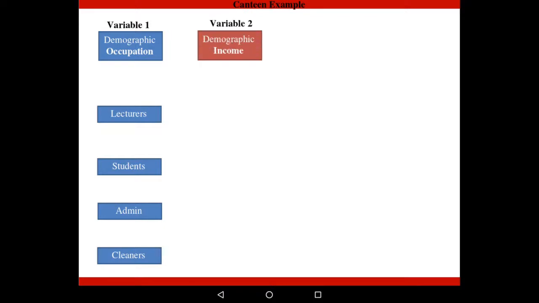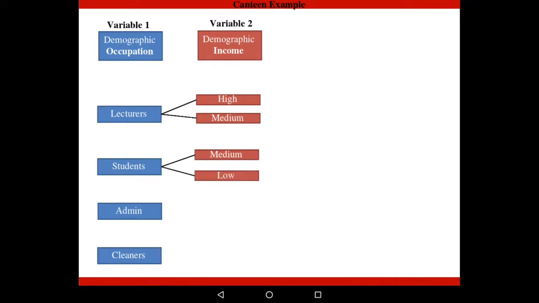Now we're going to take our 4 slices and slice them up again. So lecturers, you have 2 different types. You have those who have a high income and those who have a medium income. Then students, you have those who have a medium income and those who have a low income. And admin staff usually have a medium income. Cleaners usually have a low income.